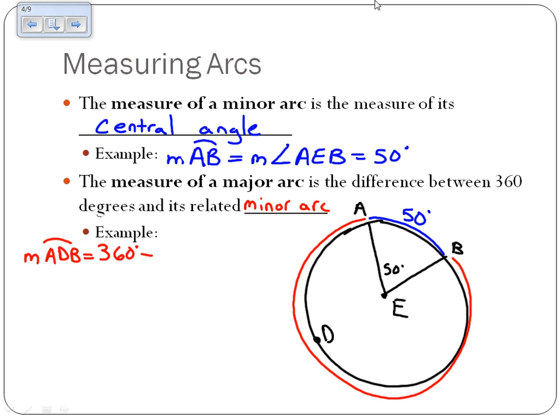Well, what have we taken out? 50. So it's going to be equal to how many degrees then? 310. So this is going to be 310 degrees. So remember, the whole thing is how many degrees? 360. If you already have the small piece, you can figure out what is left for the larger arc, the major arc.